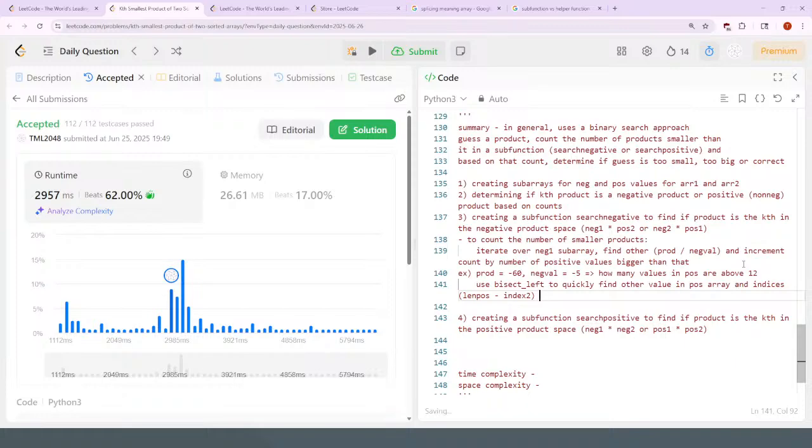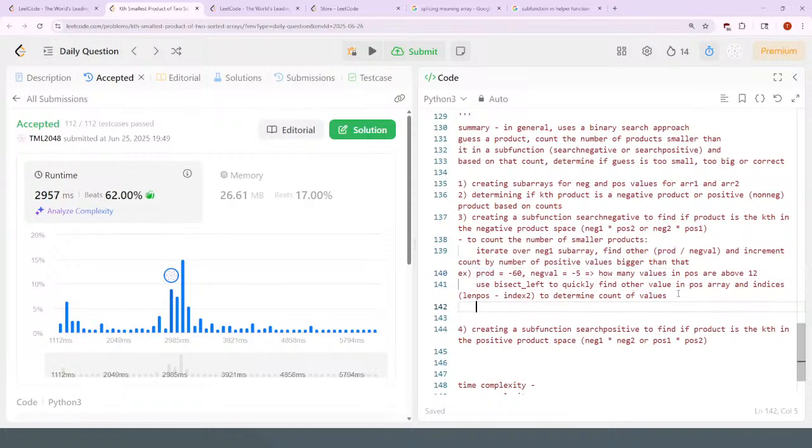So if I find 12 as the 13th value and there are 20 positive values, then 20 minus 13 is 7. There's 7 positive values that you can pair with this negative value to get a product that is smaller than negative 60.